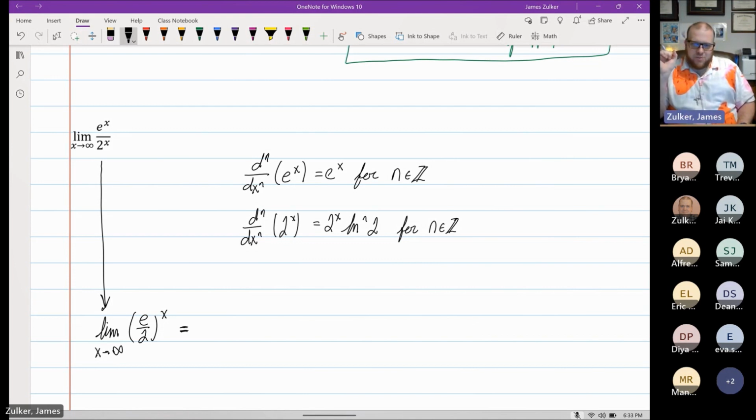So again, it's going to boil down to, is e larger than 2 or less than 2? But we just said e is 2.781. It's larger than 2. So this limit is infinite.